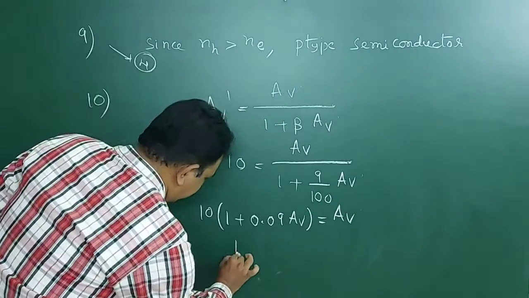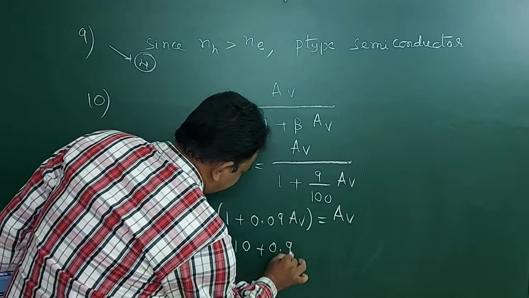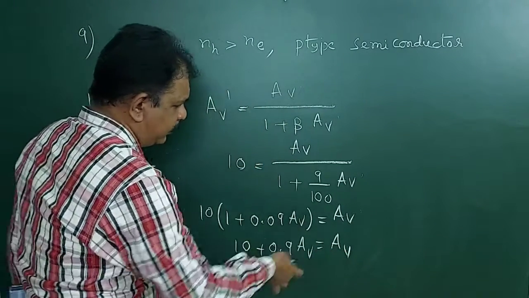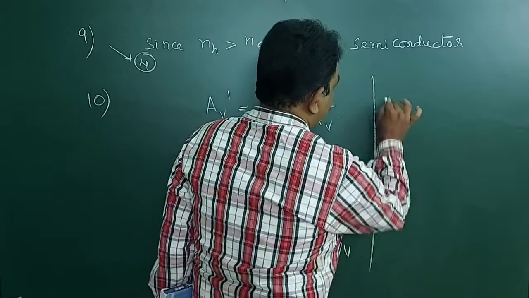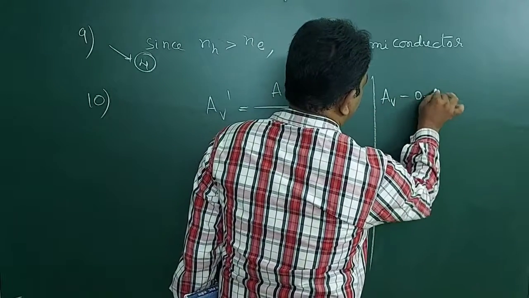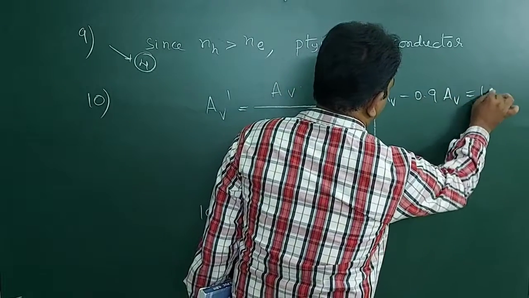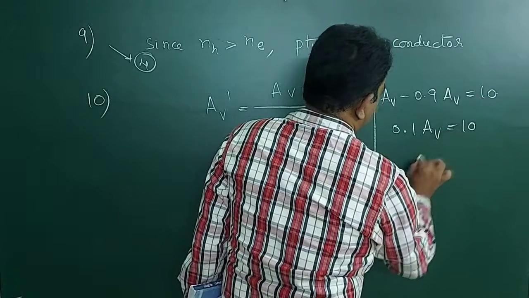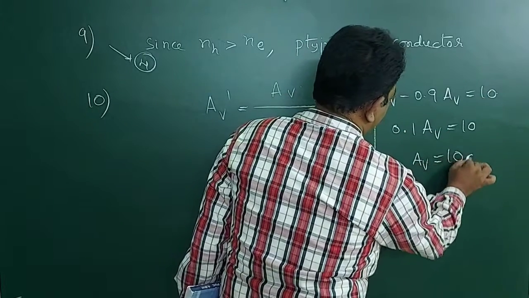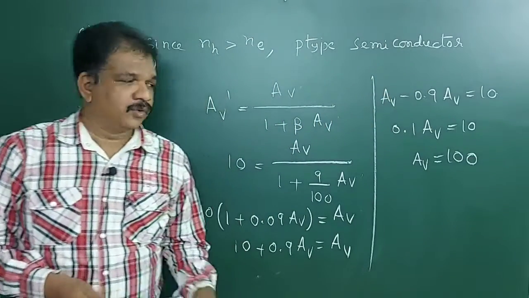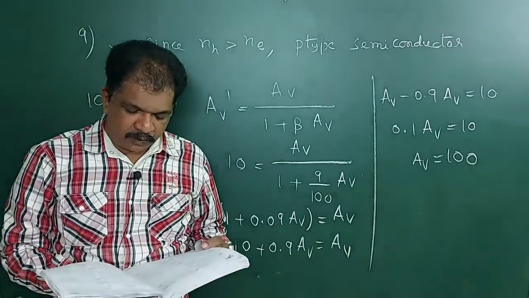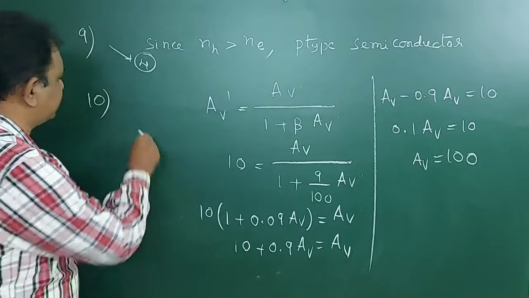So 10 plus 0.9 AV is equal to AV. Bring this one to that side. So AV minus 0.9 AV is equal to 10. 0.1 AV is equal to 10. AV is equal to 10 by 0.1, which means 100. So the option for this is the first option.